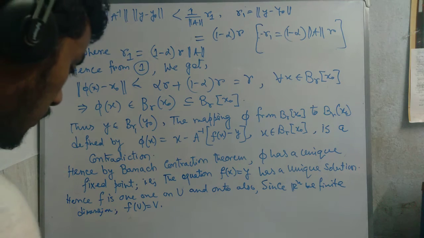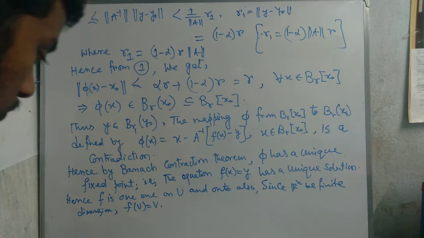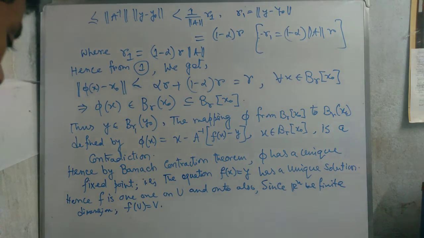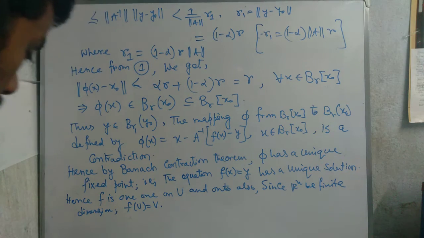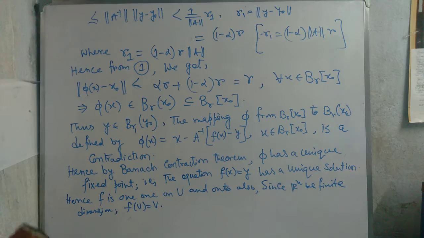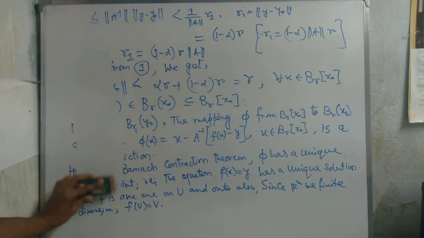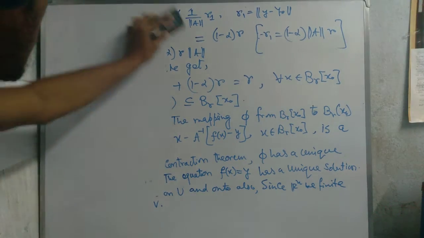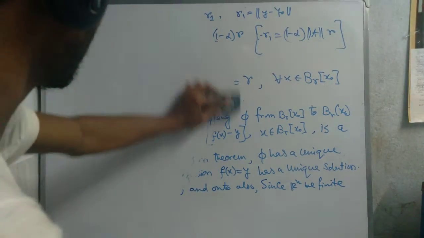Hence f is one-to-one on U and onto. Since R^n is finite dimensional, f(U) equals V because it is onto. Now we go to the proof of the second portion. We erase that portion and go on to discuss it.